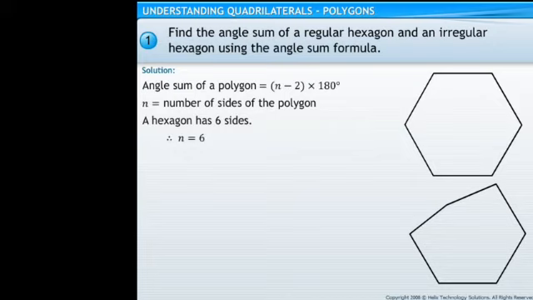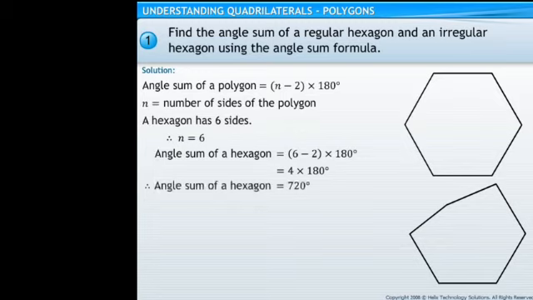Therefore, n is equal to 6. We will substitute the value of n in the angle sum formula. On simplifying, we get 720 degrees. Therefore, the angle sum of a regular or an irregular hexagon is 720 degrees.